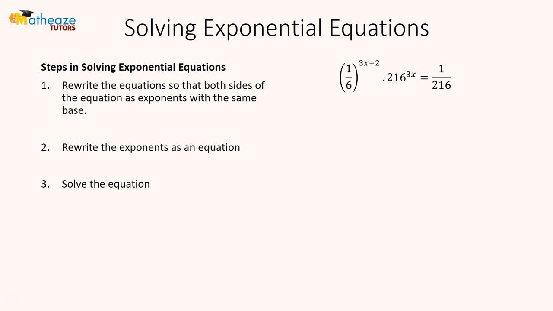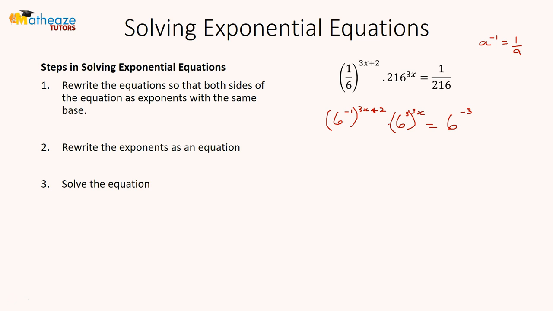Now, one rule we're going to remember here is that a to the power of minus 1 is equal to 1 over a. So 1 over 6 is the same as 6 to the power of negative 1. And then we have 6 to the power of 3x plus 2 multiplied by 6 to the power of 3x, equal to 6 to the power of negative 3.